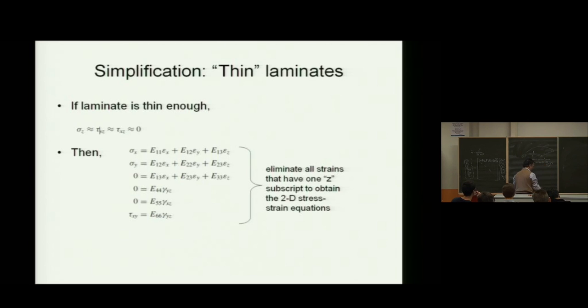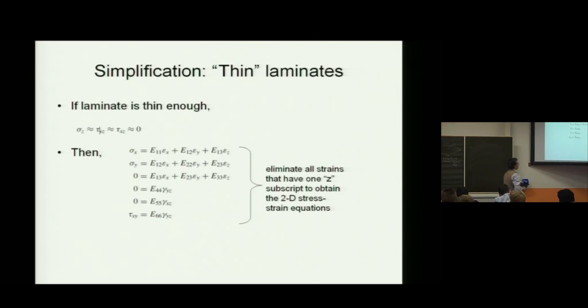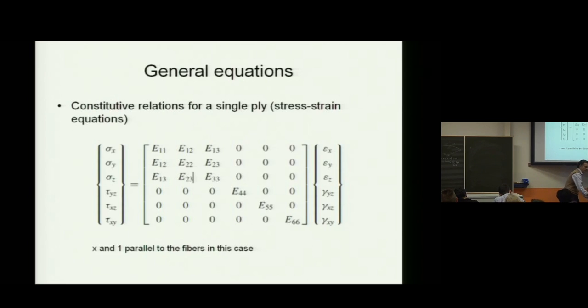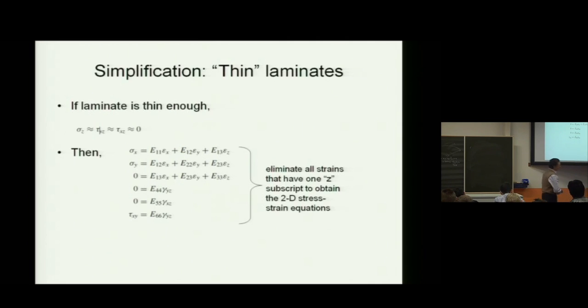So if they are 0 at one surface, they will be 0 everywhere else. If I can do that, then the relationships from the previous 2 slides here become significantly simplified, because I have a bunch of zeros for the sigma z, the third equation, tau yz, and tau xz for the fourth and fifth equation.